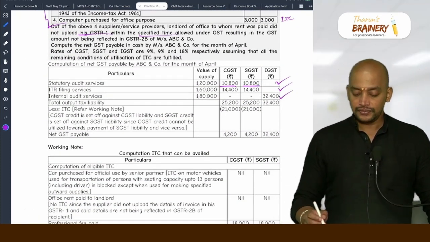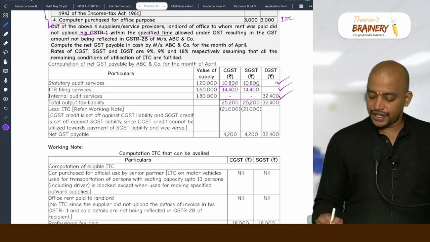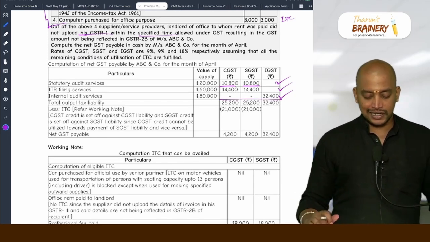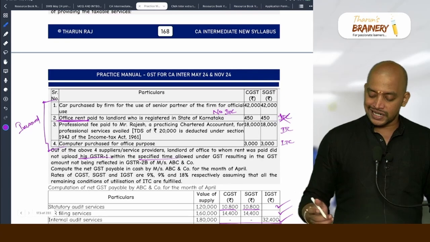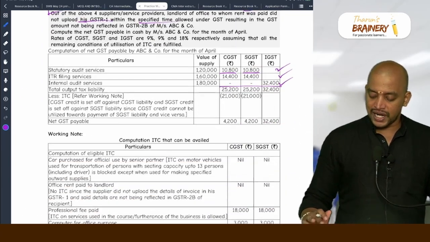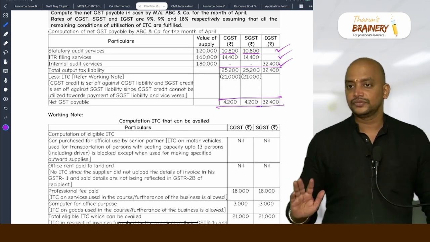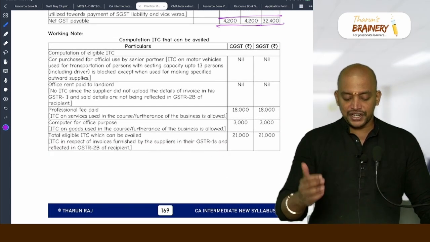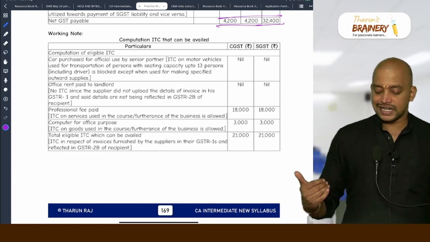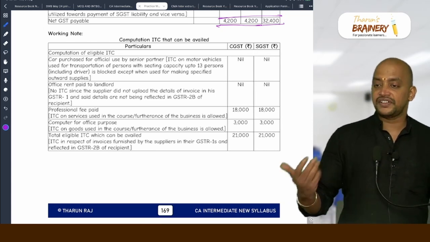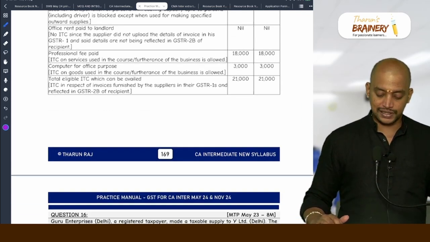Okay. Now we got 25,200, 25,200 and 32,400. Now ITC, only two ITCs, 18 and 3, 21,000. Once we set off, we got the net GST liability. Over. And ITC we need to write to what extent ITC is available. Okay, why it is available, why it is not available, that particulars.